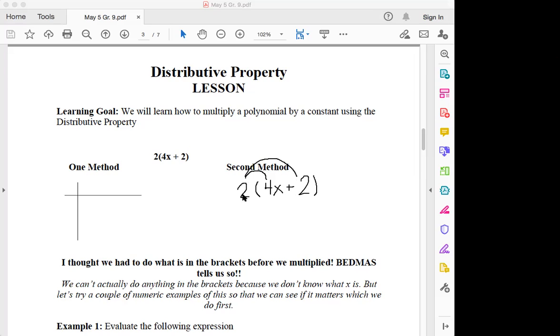Okay, so if we do 2 times 4x, we'll write our x a little bit different here so we know the difference. And then plus, we're going to do 2 times 2.